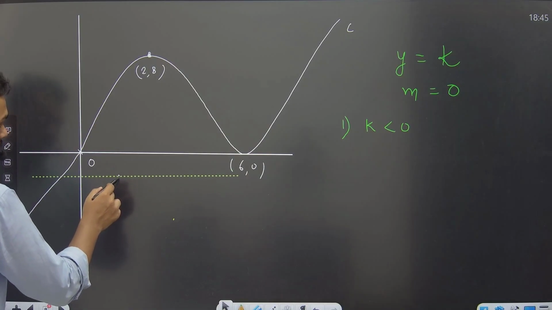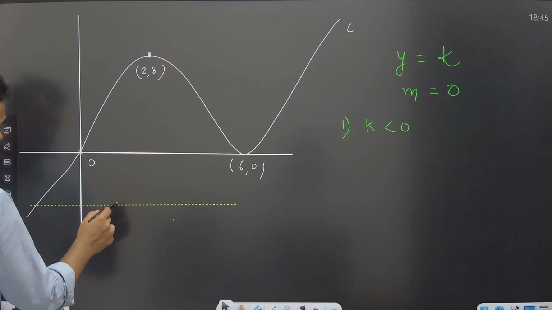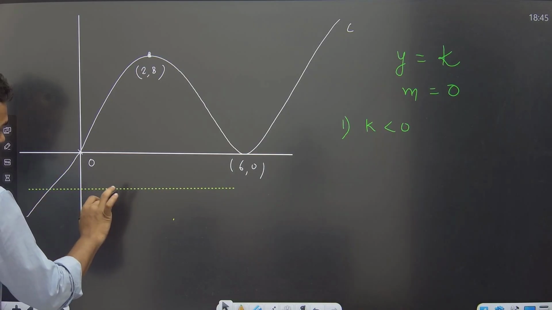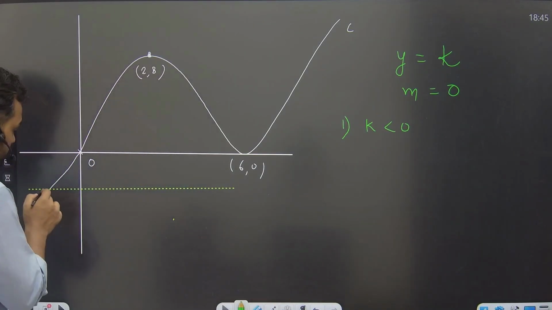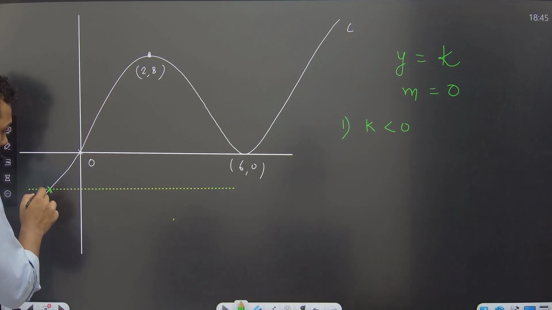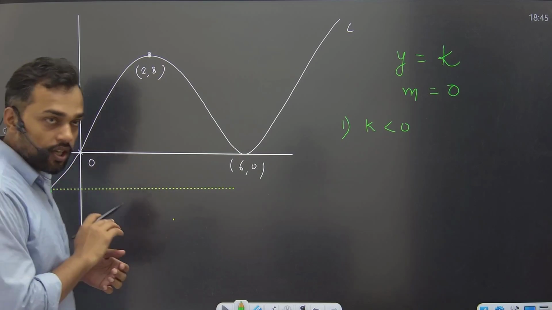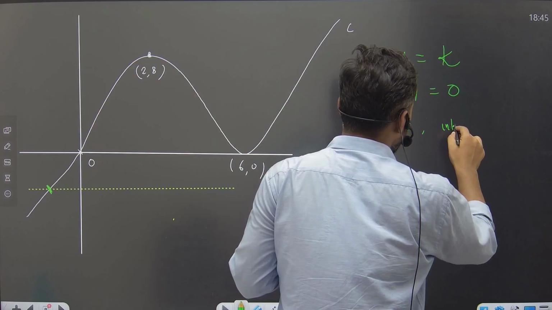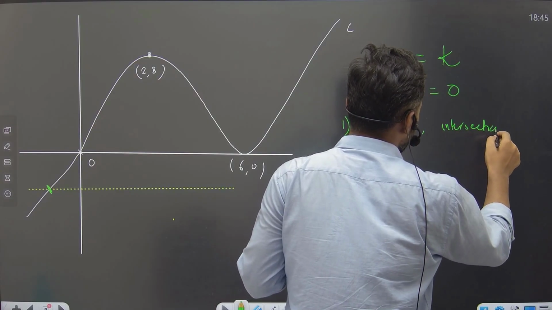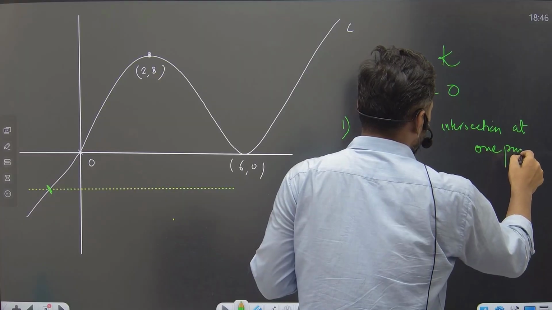Here or here or here, it could be anywhere, but it should be less than 0. So if I say this is the line, at how many points is it getting intersected? We can say that this line y equals k is getting intersected on the curve C at only one point. So if k is less than 0, the intersection will be at one point.